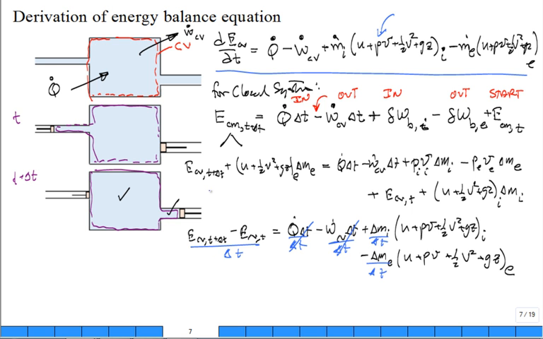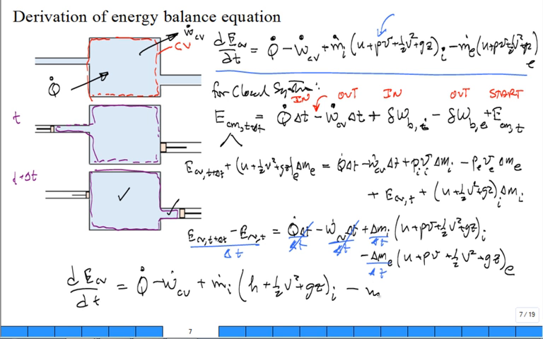And then this becomes the rate of change of energy in the control volume with respect to time equal to Q dot in minus W dot across the control volume boundary out plus the mass flow rate in times, a lot of times we just put enthalpy, plus 1/2 V squared plus gz all on the in, minus m dot exit times enthalpy exit plus 1/2 V squared plus gz exit. There it is.